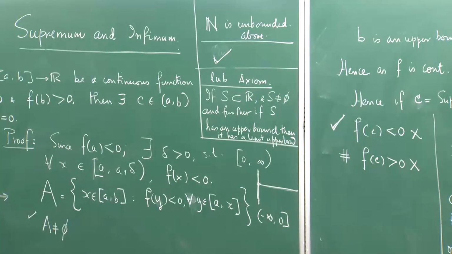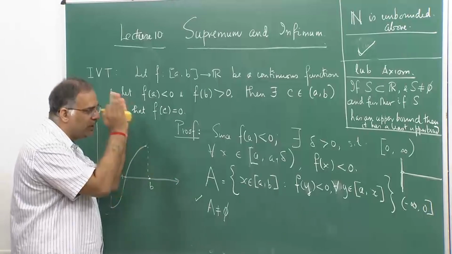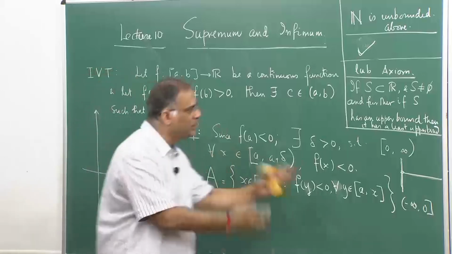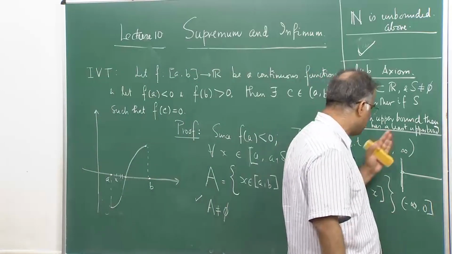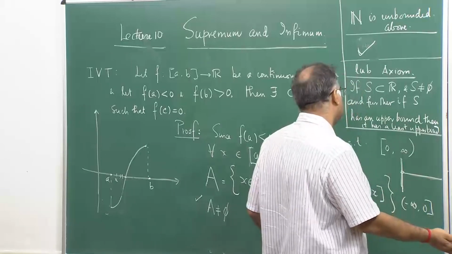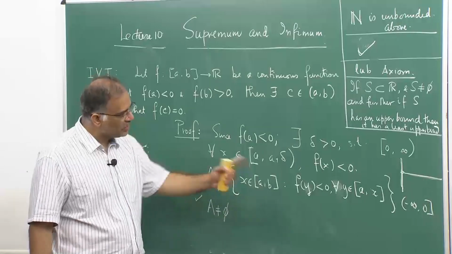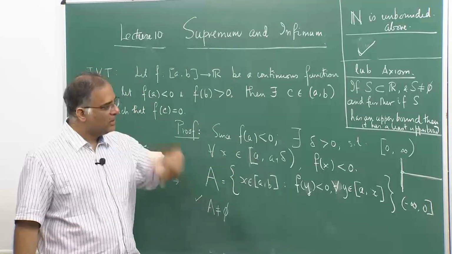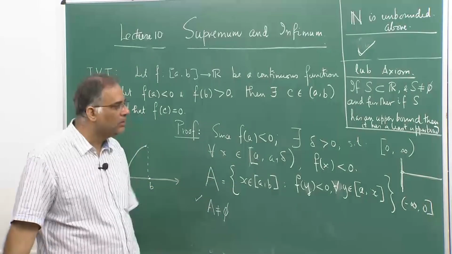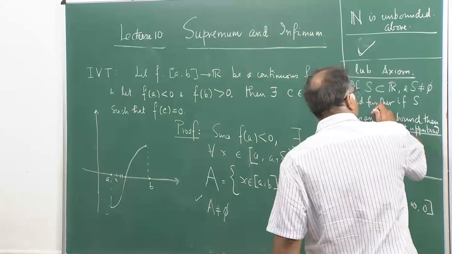So, only when a set has an upper bound does it have a supremum, and when the set has a lower bound, it has an infimum. Without the existence of an upper bound, a set cannot have a real number which acts as a supremum, or if it does not have a lower bound, there is no real number which can act as infimum. These are the 2 things you have to keep in mind.